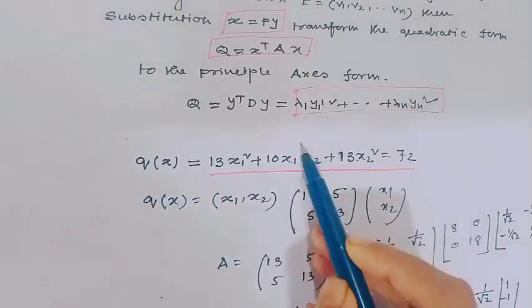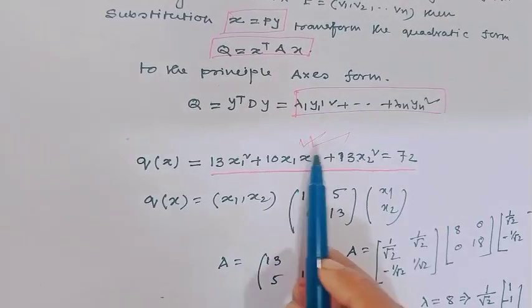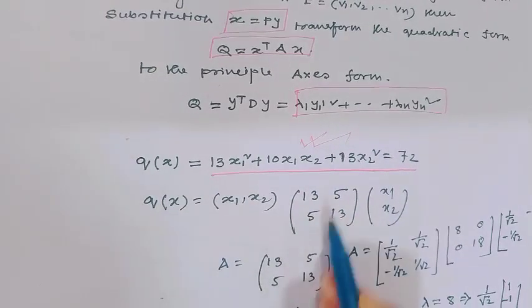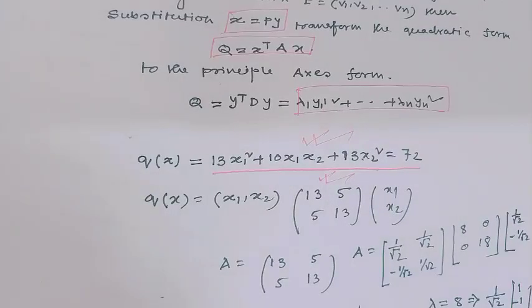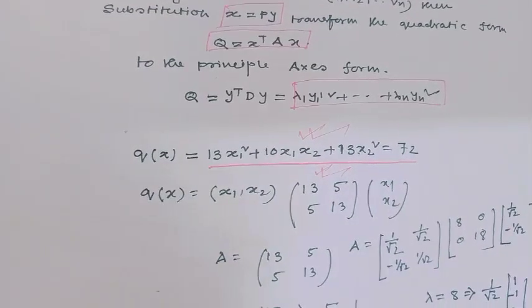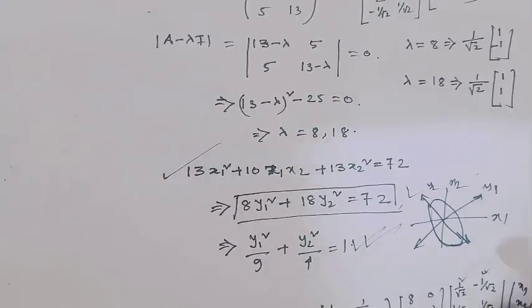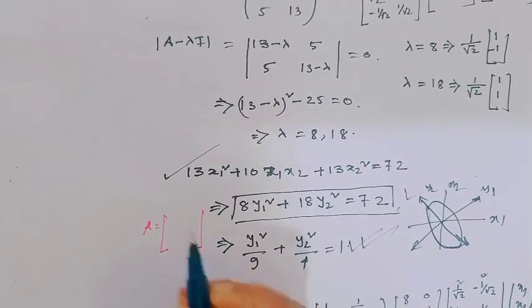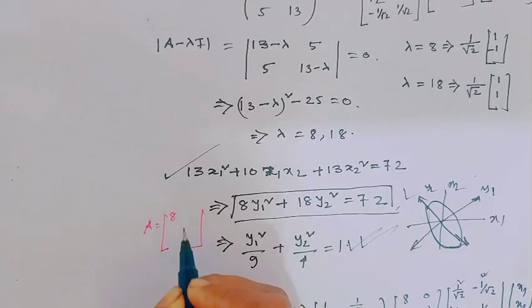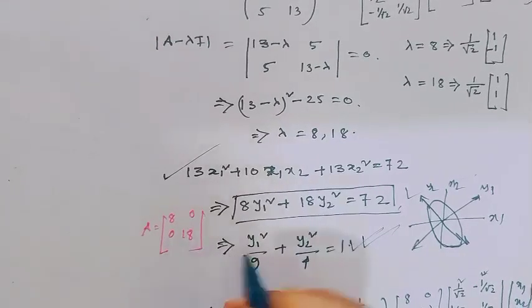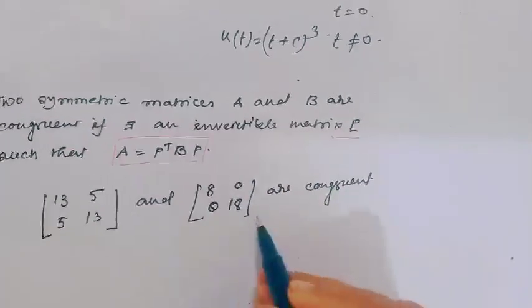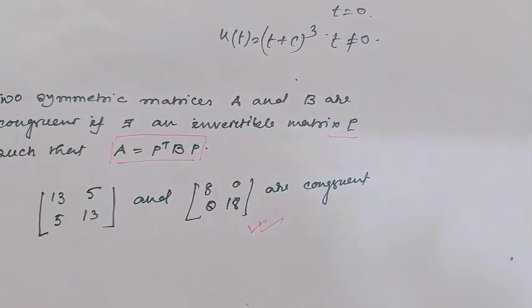For this example, for this quadratic form, the associated matrix is this, and I have got a new matrix whose diagonal entries are only the eigenvalues and the other part is 0. So, obviously, these two matrices are congruent.